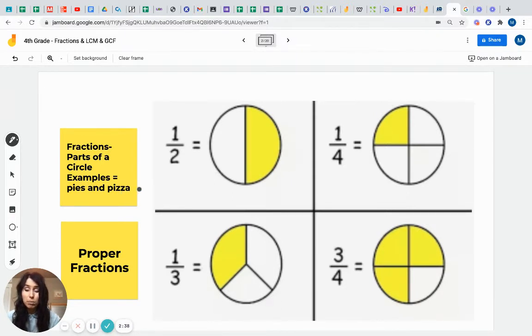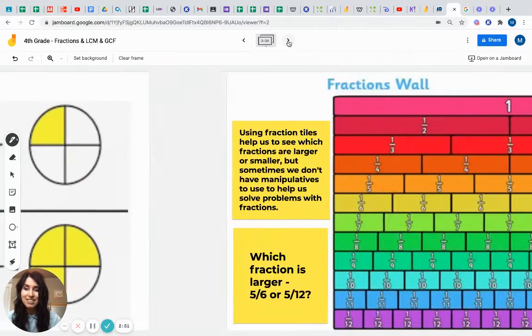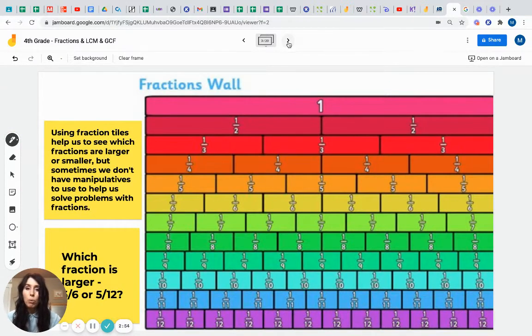And why is this important to you? Well, if you're really hungry, you would want to know how to get the most slices by using fractions. And there are secrets, and I'm going to share those with you in just a few minutes. Also, we can use things like fraction walls or fraction tiles to help us in knowing which is bigger and which is smaller, so that we can make good choices as we learn more about our fractions and how to get the biggest slice of the pie, so to speak.